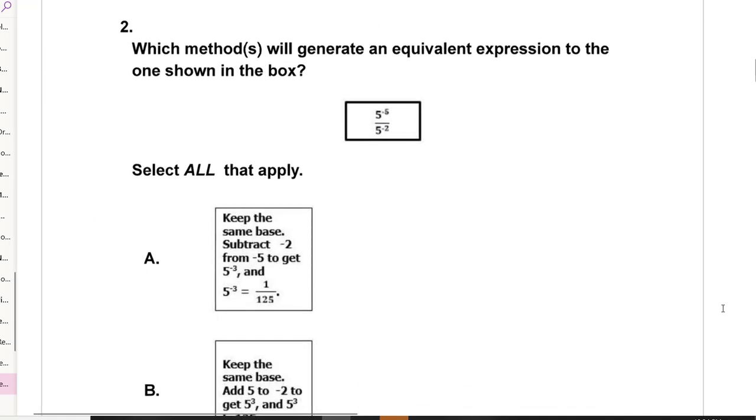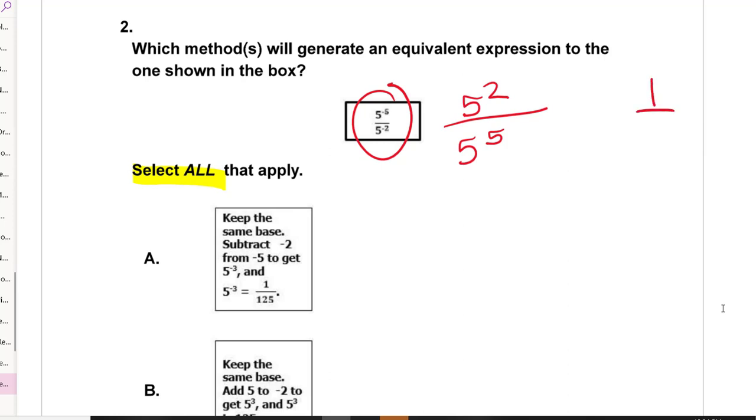Number 2, which method or methods will generate an equivalent expression to the one shown in the box? Select all. Okay, so what you might want to do here is work it for yourself the first time. Because they both have negative exponents, you would reciprocal both of these expressions, and you've got 5 to the 2nd over 5 to the 5th.